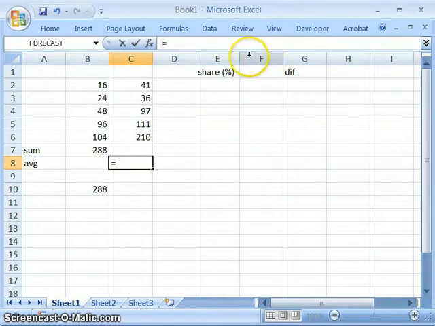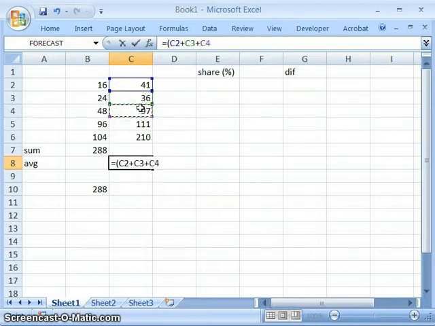So the way you do that, and I'm up here in this box up here, is by putting in a parenthesis. So you want it to do this number plus this number plus this number plus this number plus this number, and then we want to put in a closed parenthesis up there, because we want it to know that we're going to treat that total as one number.